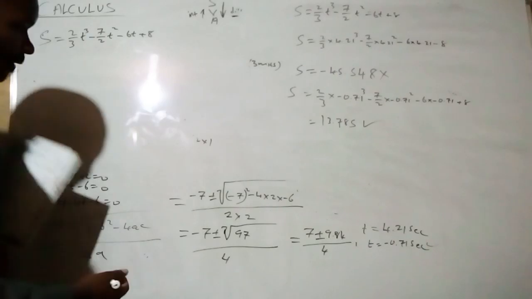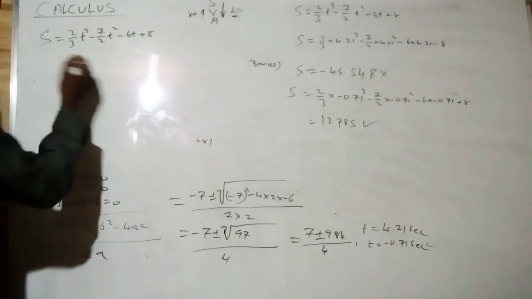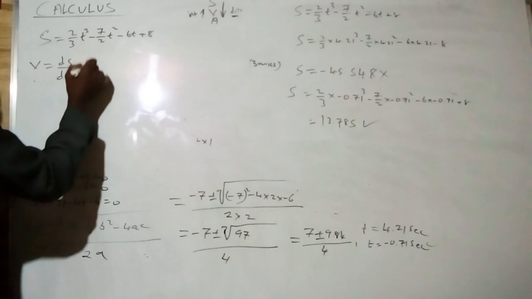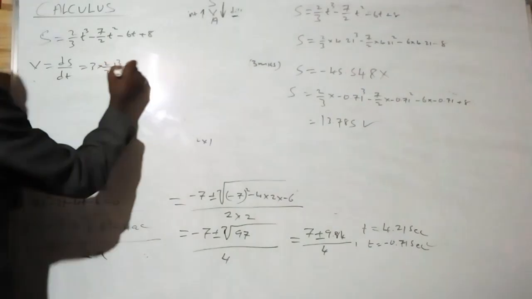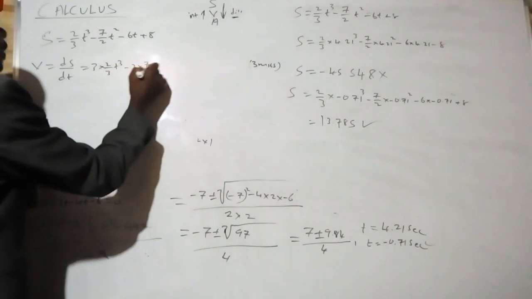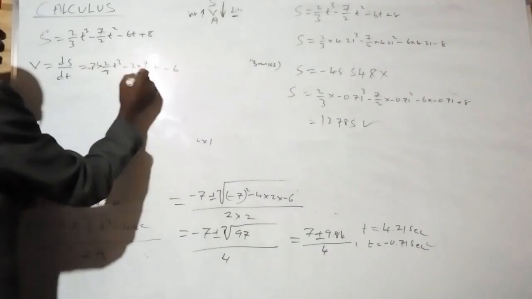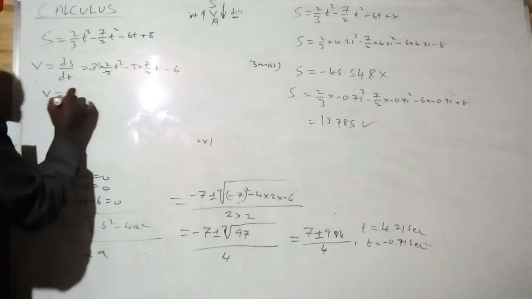We can say that v is equal to ds over dt to get 3 times 2 over 3 t cubed minus 2 times 7 over 2 t minus 6. Velocity will be 2t cubed minus 7t minus 6.